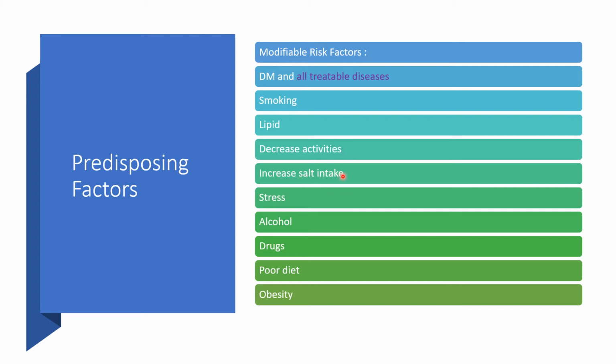Salt intake that is increased can be reduced. Stress can be adjusted. Social welfare people can be involved. Alcohol can be cut down. Drugs can be stopped. Poor diet, you can meet a dietitian and have a pamphlet. Obesity, you can have a workout and get it under control. So these are modifiable, you can modify them, but they are all associated with the probability of coming down with hypertension.